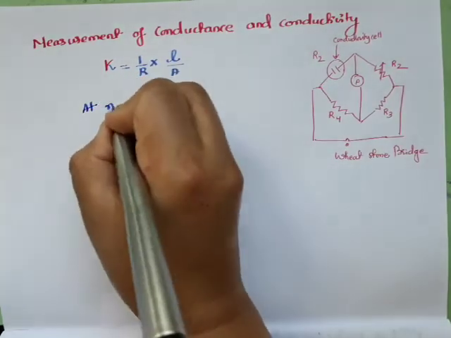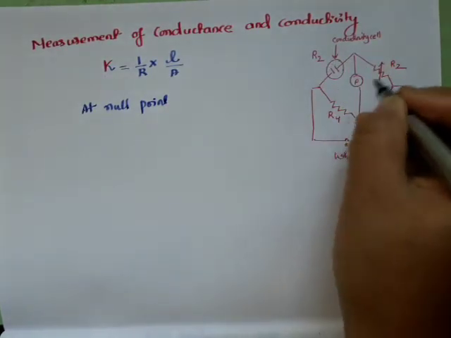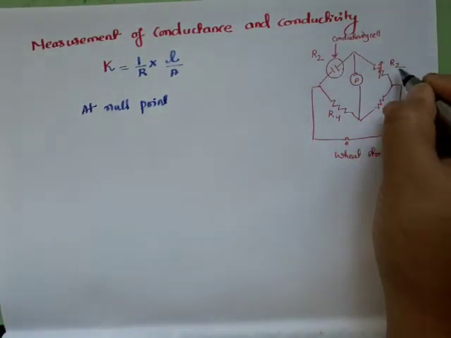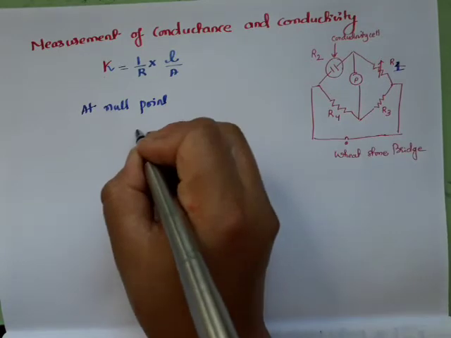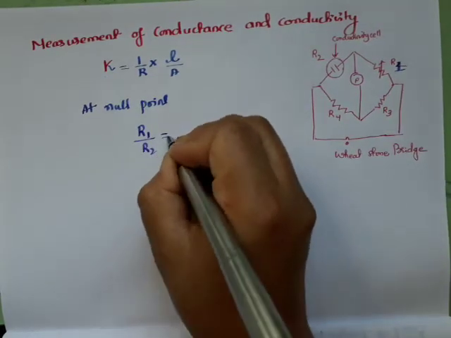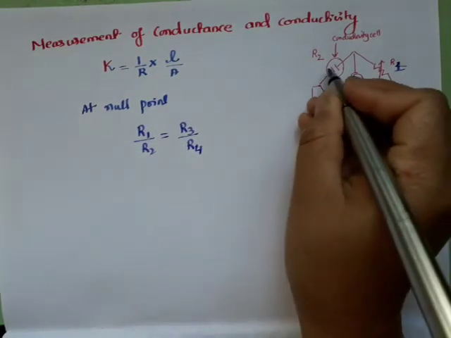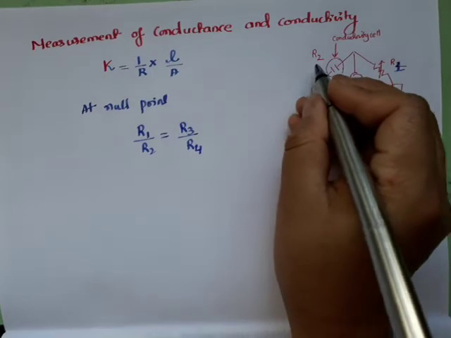So at the null point, what we can write is that the ratio of the resistances becomes equal. So this is your R1. R1 by R2 becomes equal to R3 by R4. So this is the required resistance which you need to calculate, right?